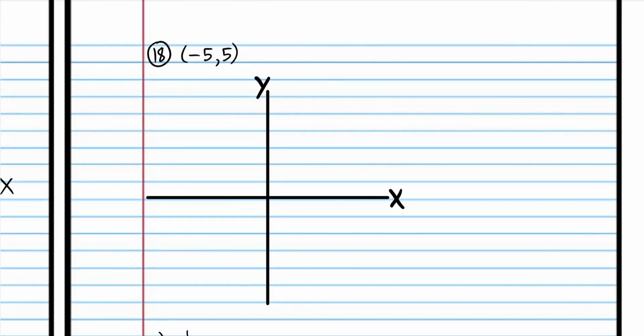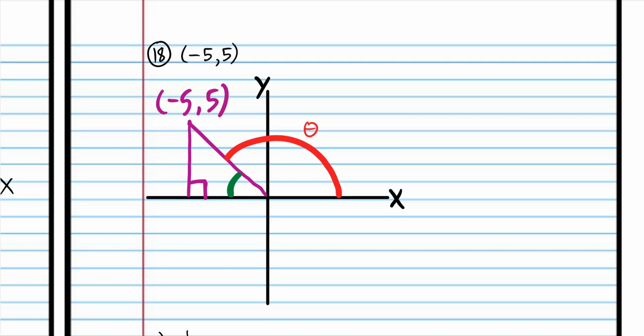So we have a point in the second quadrant. It's about there. And that point is on the terminal side of an angle in standard position. We're going to call that angle theta. And the point is negative 5, 5.